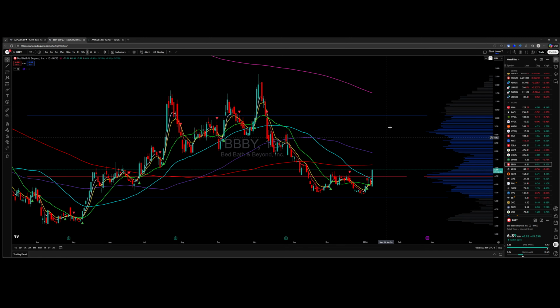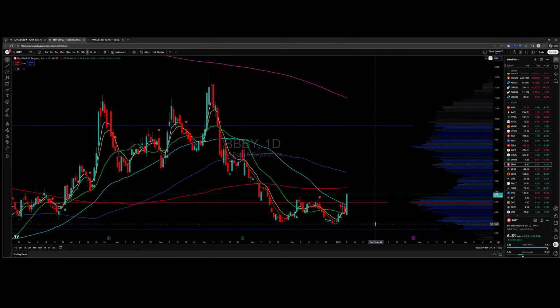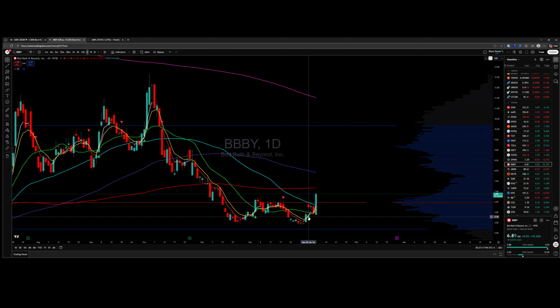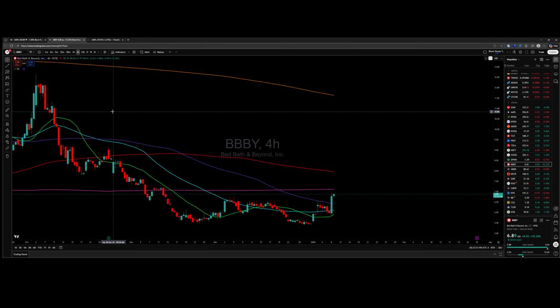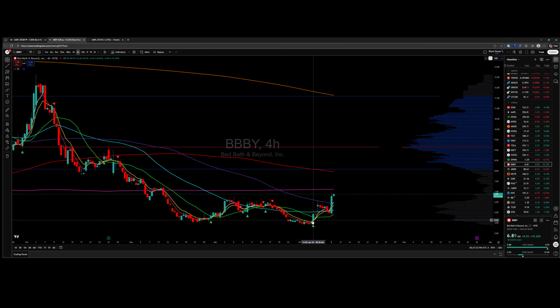Do you have an area that can trap price? Yeah. It's very clear. So, big day, but this green candle, when did it really start? Monday. And if we go to the 4 hour, Friday.